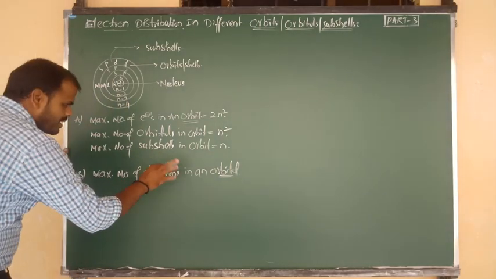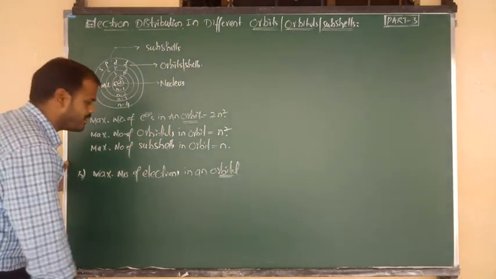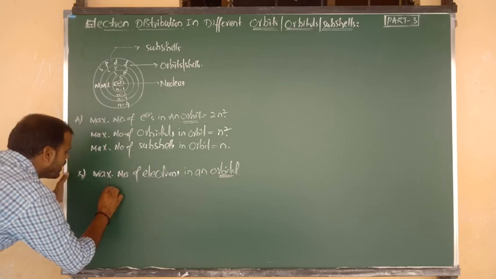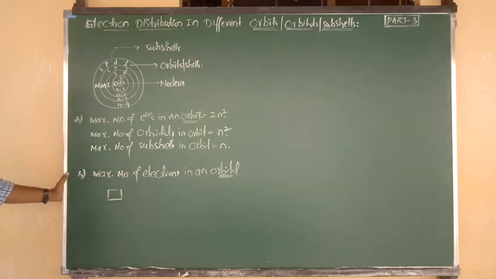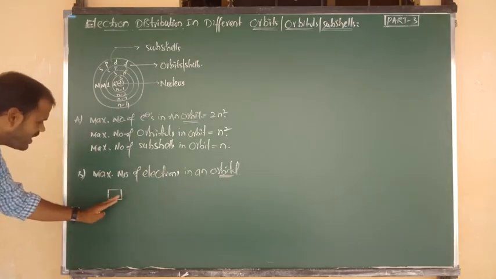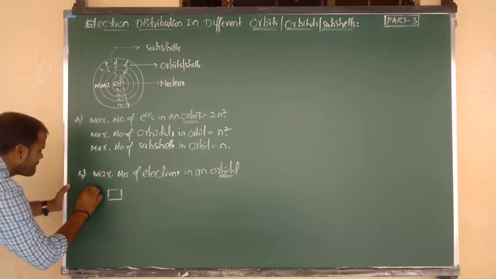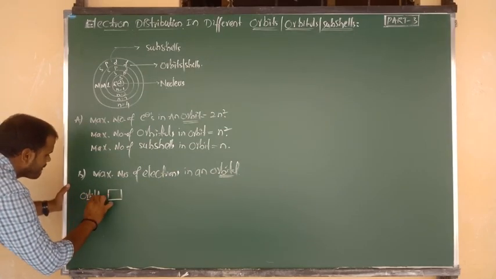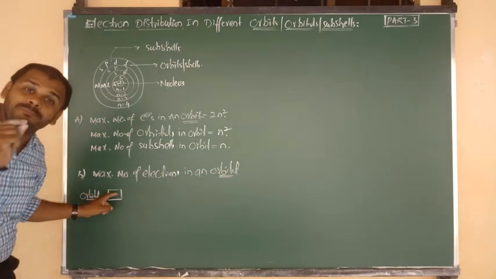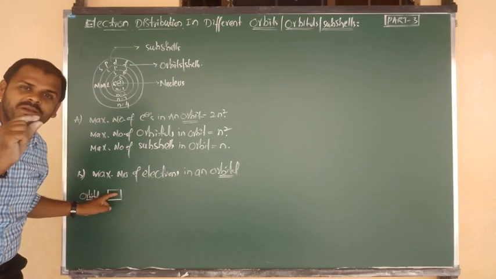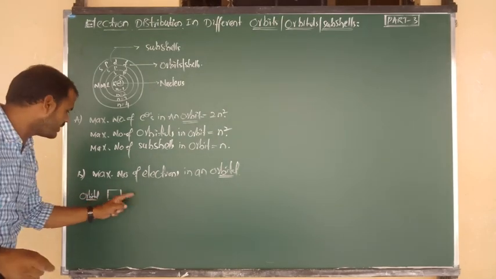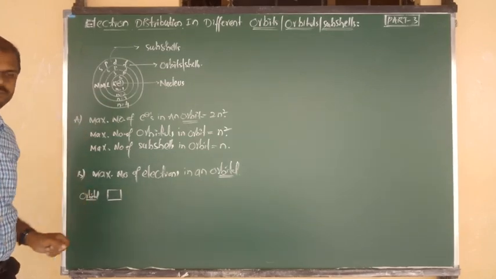The maximum number of electrons in an orbital: an orbital is nothing but one box. This is the symbol of an orbital. Maybe S, or maybe px orbital, py orbital, pz orbital, indicated by a one-box symbol.